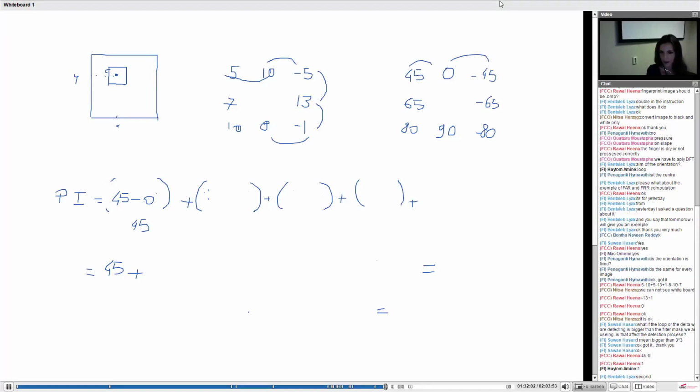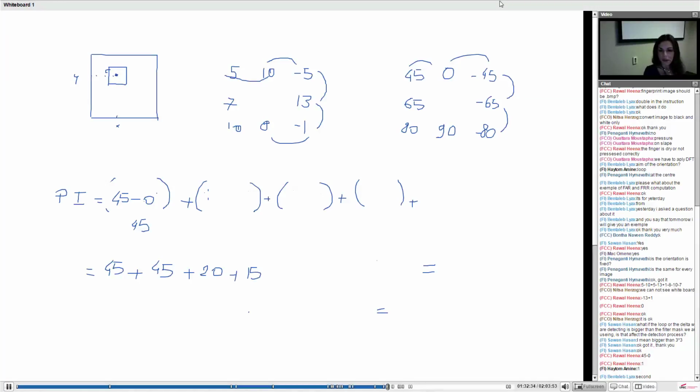And then the next difference will be plus 45. So we did this one, now we are here, plus 45. Again, second range. Third difference, minus 45 plus 65 is 20. Second case, minus 65 plus 80, 15, right?